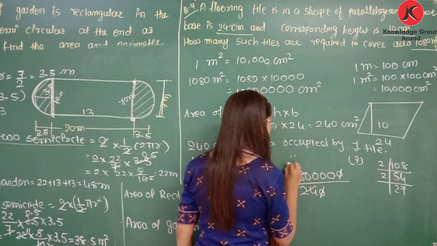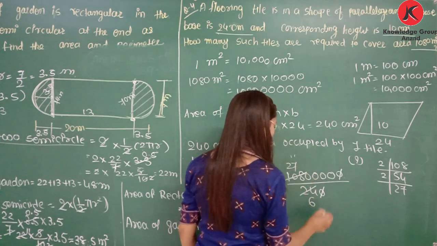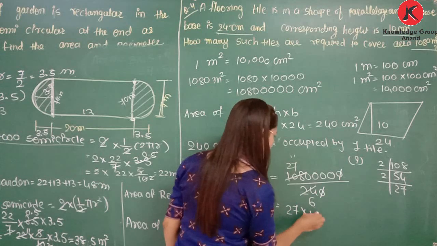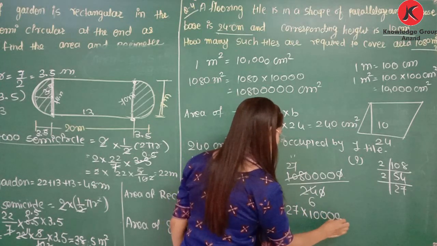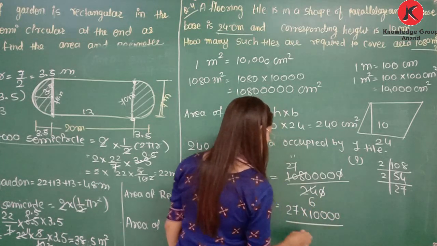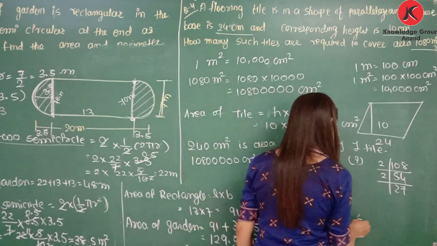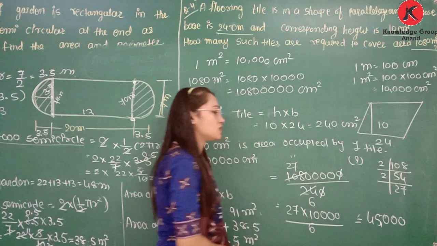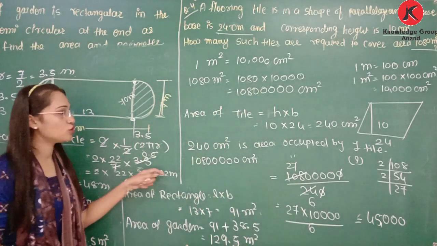So you will get 45,000, that is the number of tiles required to cover this area.